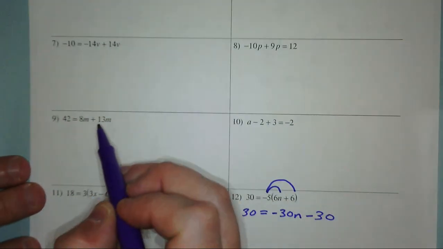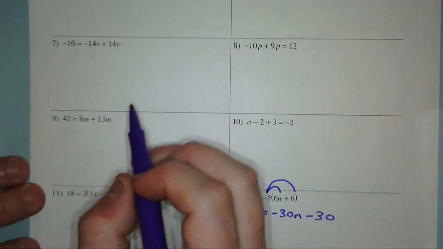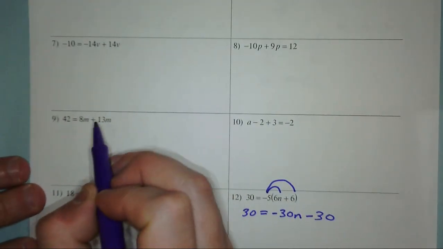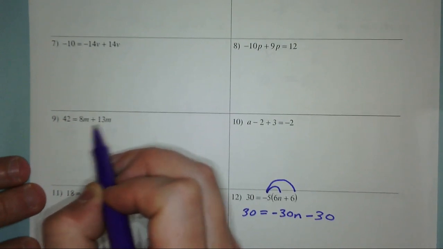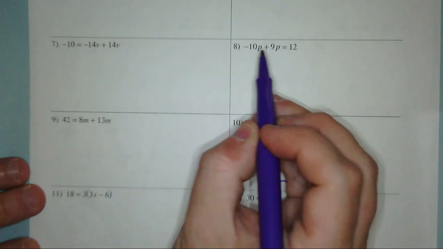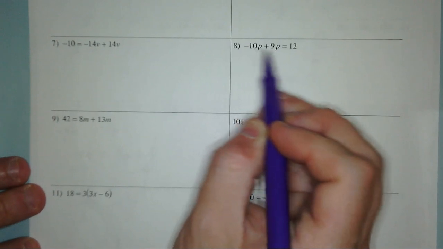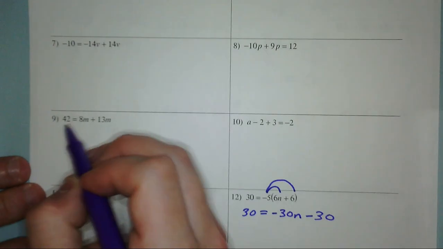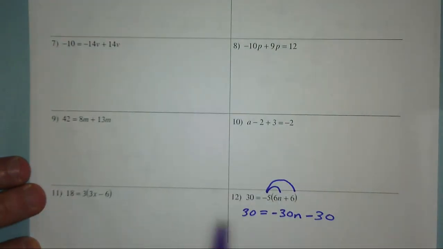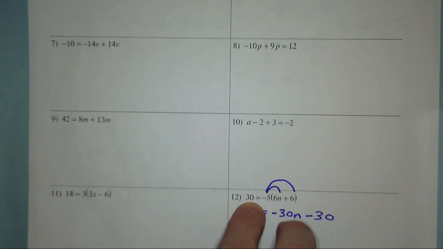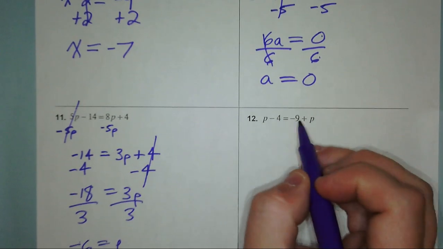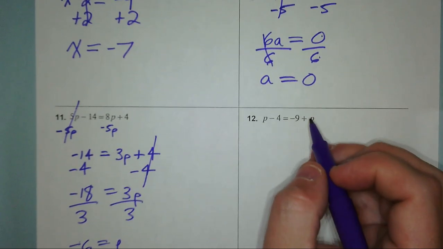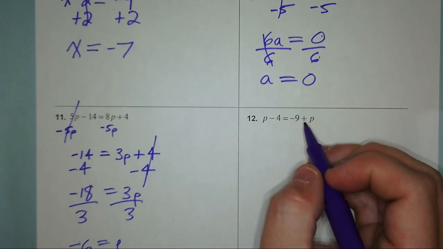Just like in number 9, where maybe the next highest priority would be combine any like terms that are already on the same side. Like number 8, these are already on the same side, right? In number 9, they're already on the same side. So that's the next priority. So Connor, looking at this number 12, there's no bubbles to clear, otherwise we would want to do that probably first.